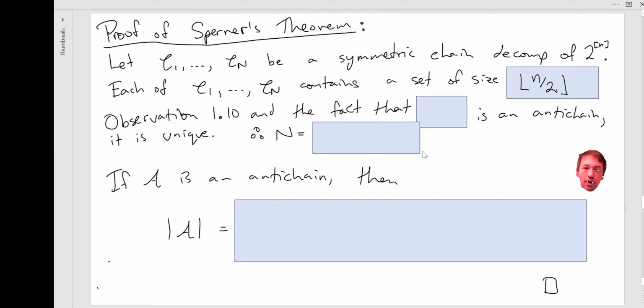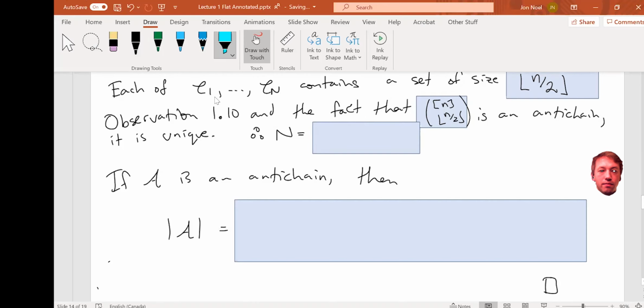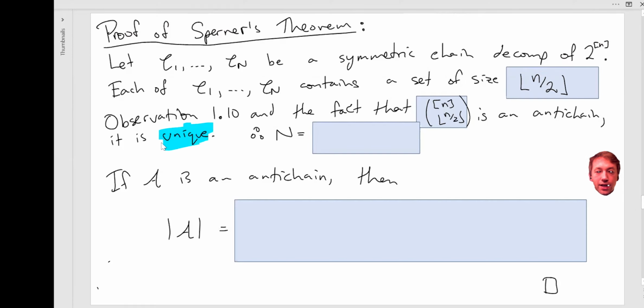And actually, each chain must contain exactly one set of that size, because it couldn't contain two of them, because then it couldn't be a chain. Basically, because the collection of sets of size n over 2 is an antichain, each of these chains must contain a unique such element.